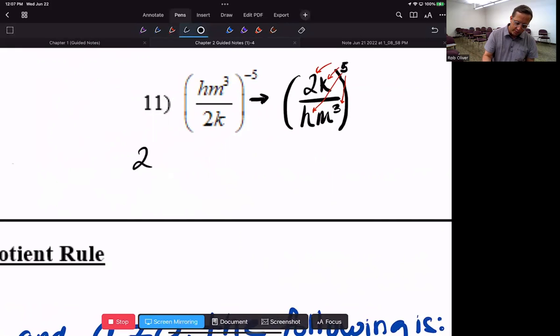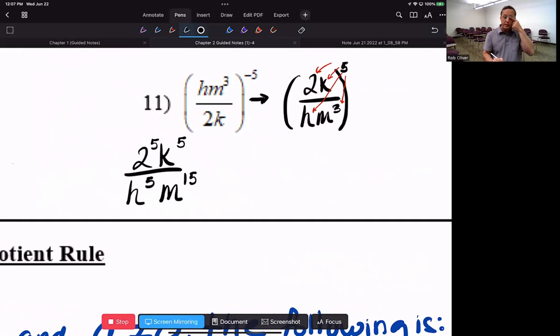Let's write it all out. We've got 2 to the 5th power, k to the 5th power, h to the 5th power, and m to the 15th power, because that was a power to a power. For that one, we had to do 3 times 5, not 3 plus 5.